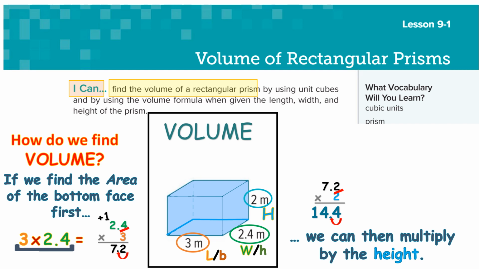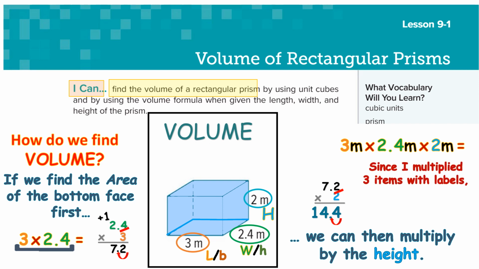Now, once again, area has a square label, but this is volume. We have a square label in area because we're multiplying 2 different things with the same label. In volume, we're multiplying 3 different things with the same label. Since I'm multiplying 3 items with the same label, my label has to show that there's 3 there. That's what we call a cubic unit or a cubic measurement.